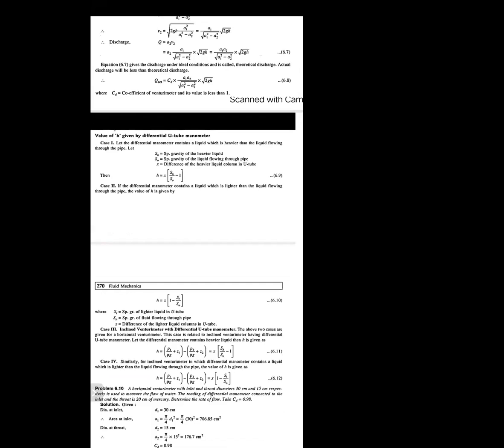Then the value of small h is equal to x in bracket Sh upon S0 minus 1. In case 2, h is equal to x in bracket 1 minus S1 upon S0, because in case 2 the differential manometer contains a lighter liquid than the liquid flowing through the pipe.